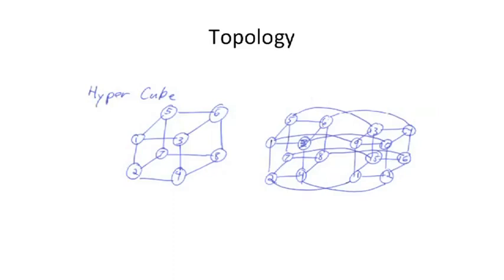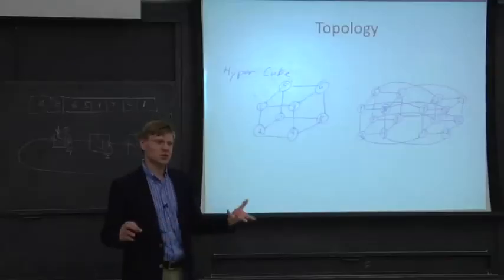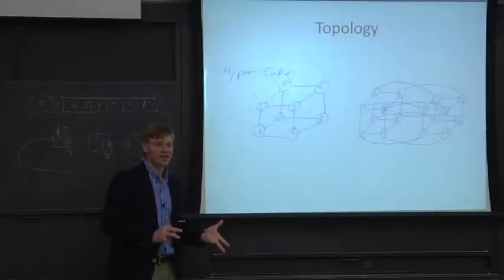Now, as may be readily apparent, but I'll say it anyway, if you try to build a 5-dimensional hypercube in 3-dimensional space, some of the wires are going to get long, because you can't fold 5-dimensional space into 3-dimensional space. You might be able to bend, for instance, a 4-dimensional space into a 3-dimensional space without too much trouble.